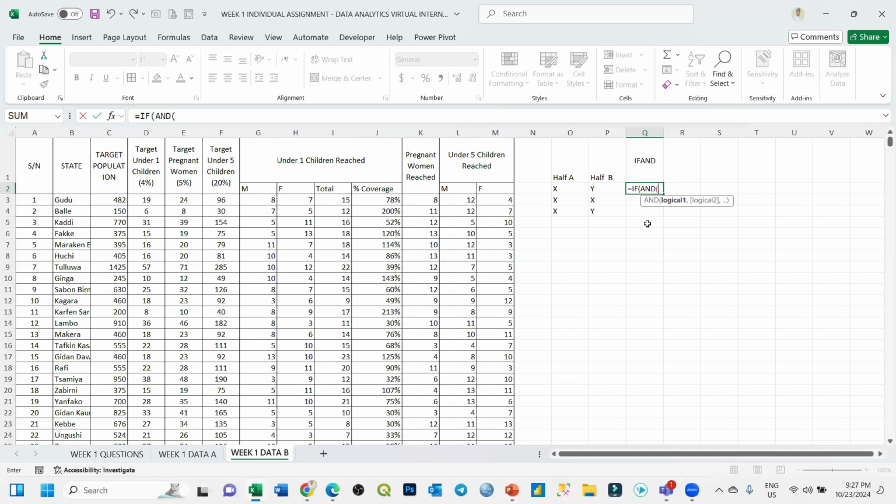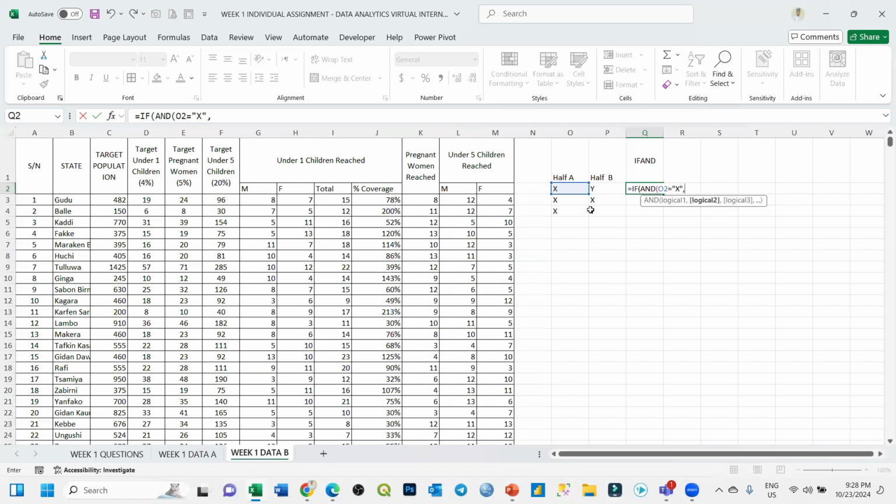Please understand this. So now we are going to say IF, and then I can say this O2, because that's the name of the column. I can click on it or I can write the O2 myself. I'm going to say if this O2 is equals to X, comma.